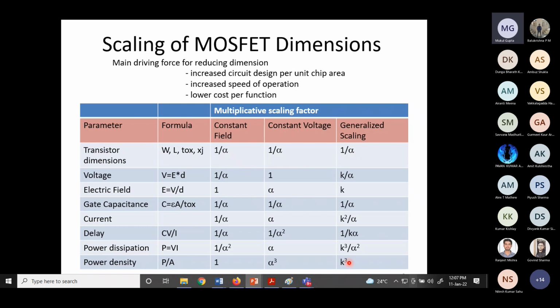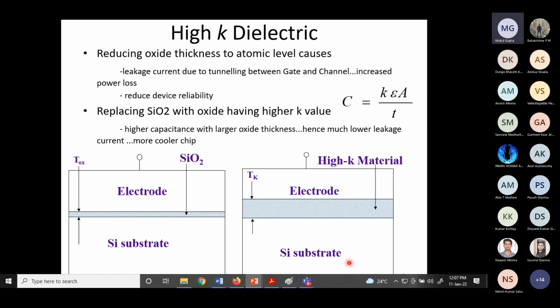So this is what we have discussed, and then we mentioned that this scaling effect will give rise to a lot of challenges, and that some of the challenges we will go through in detail from Razavi's book later on. But we did mention a particular challenge where we are reducing the thickness of the gate oxide.